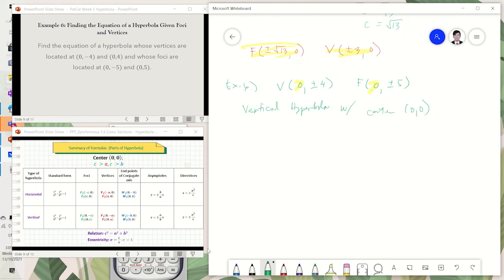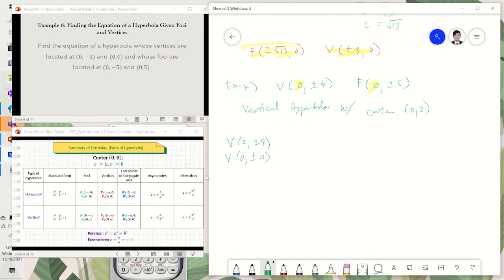Now for you to figure out the equation of this hyperbola, you will need to find the a and the b. And the center, you don't have to. Given the vertices, for a vertical hyperbola, the vertices would just be (0, ±a).